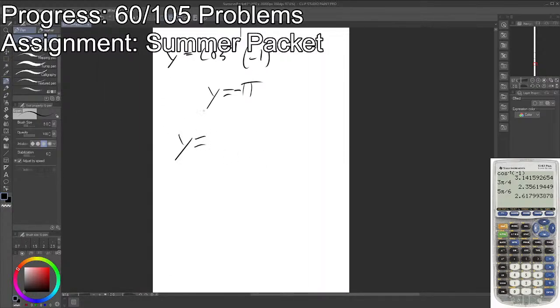Next one, y equals tan inverse of negative 1. Just gonna look at the unit circle. It'd be like pi over 2 or something.